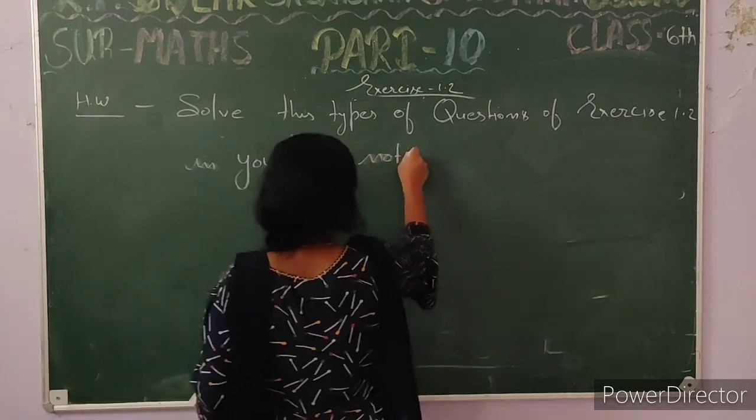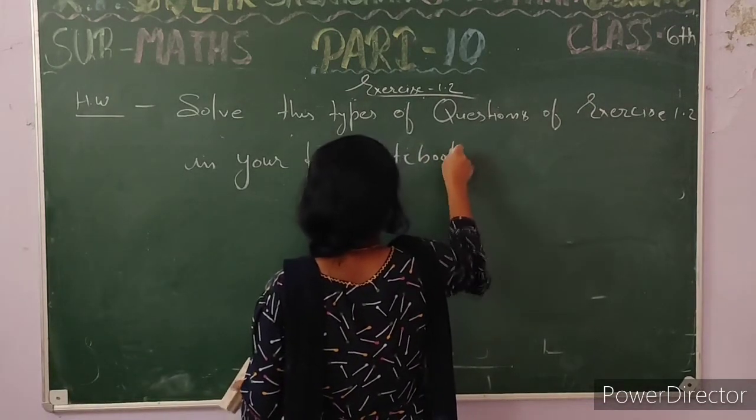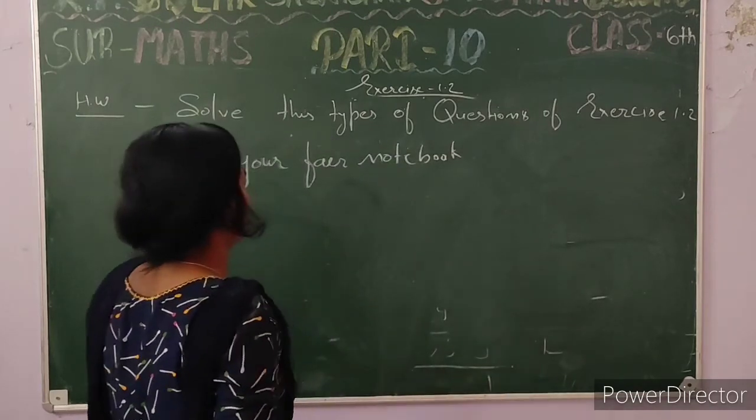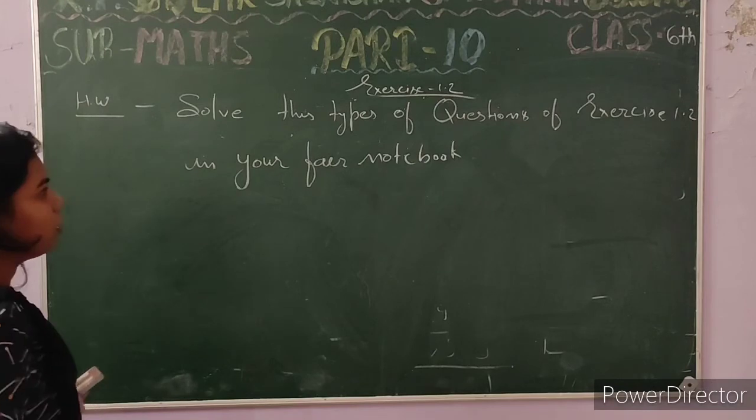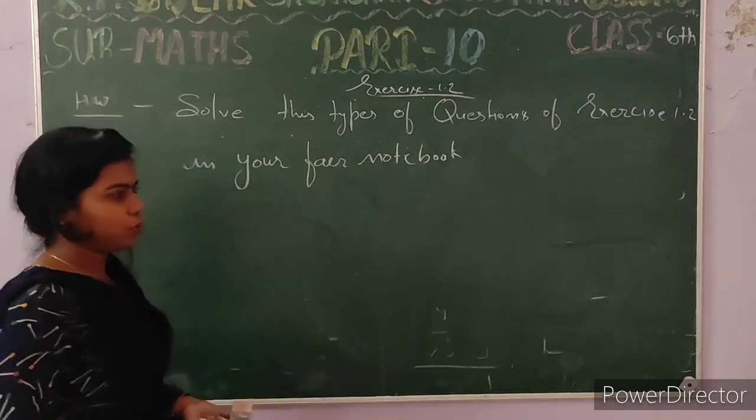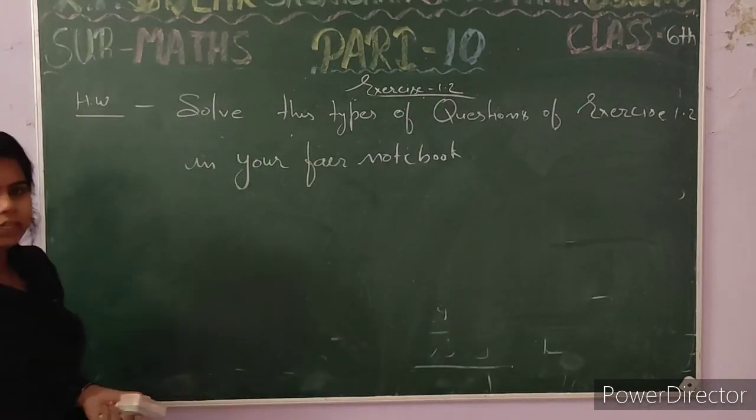Okay students, don't panic about how to do this type of questions. Today I told you two types of questions. Solve this type of question of exercise 1.2 in your fair notebook. Okay, thank you.